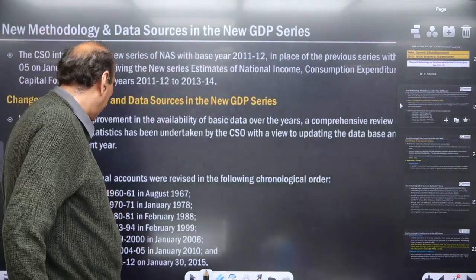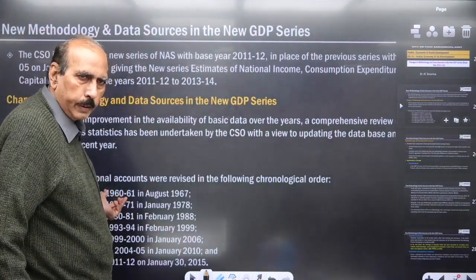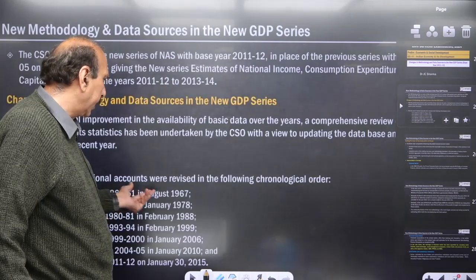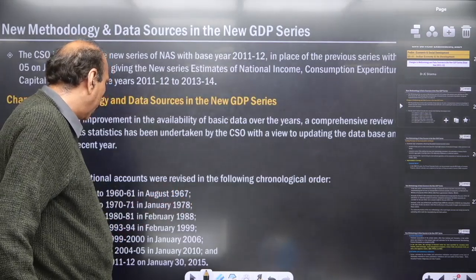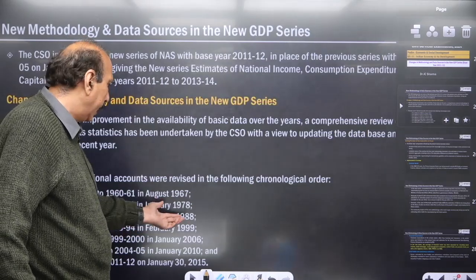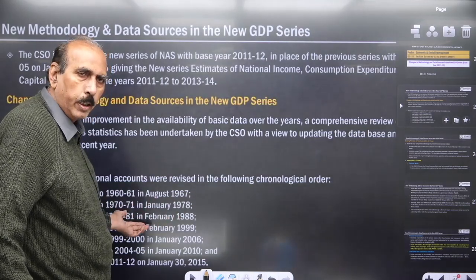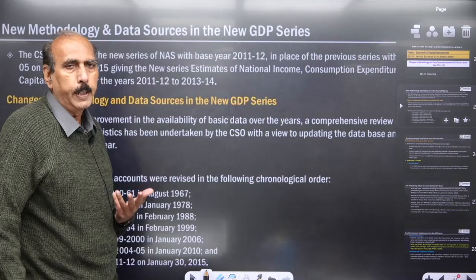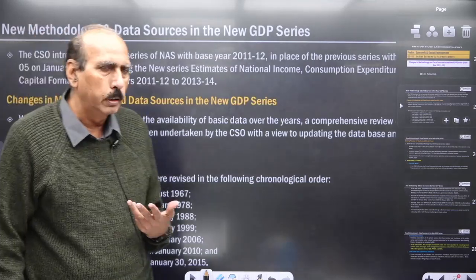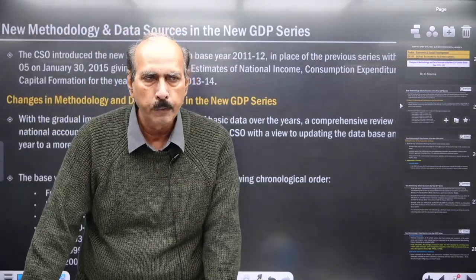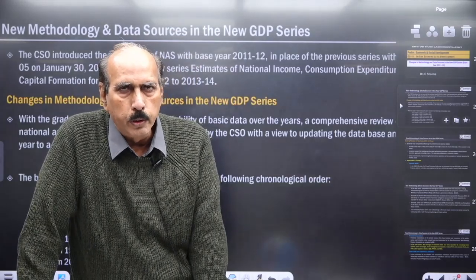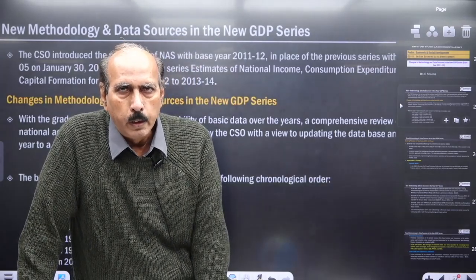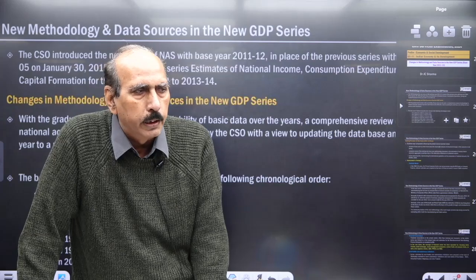Initial base year was 48-49, then it shifted to 60-61 in 1967, then in 78 shifted to 70-71, then 1988 shifted to 80-81. Base year keeps on shifting. Why do we change the base year? Because over a period of time, there have been structural changes in the economy.